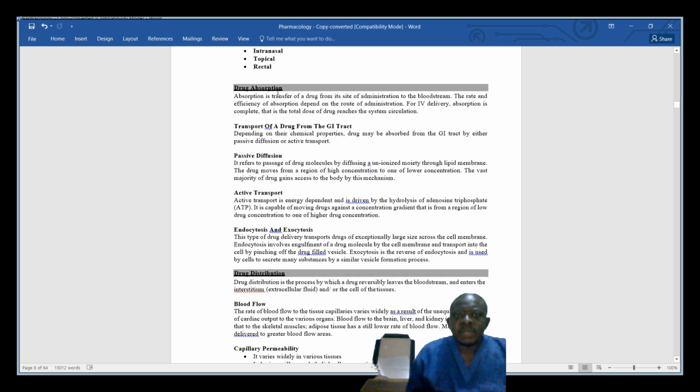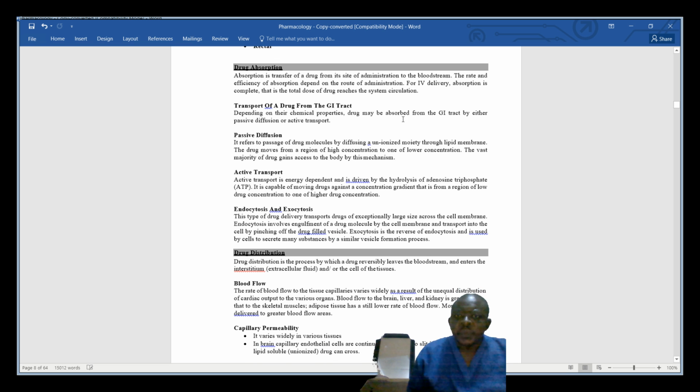Under drug absorption, we talked of transport of the drugs from the gastrointestinal tract. We established that mostly drugs get absorbed by the mechanism of passive diffusion.